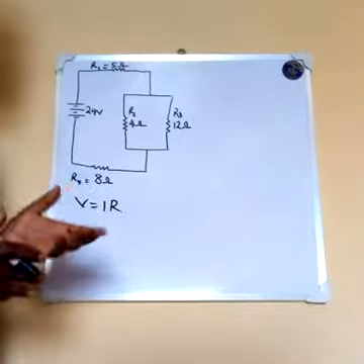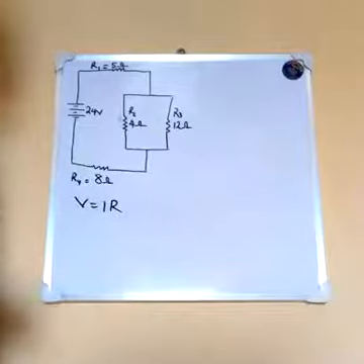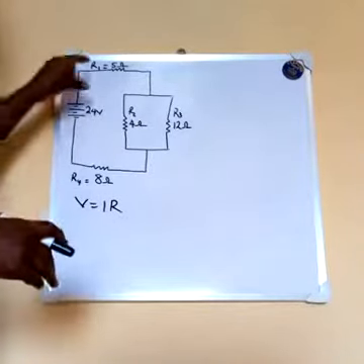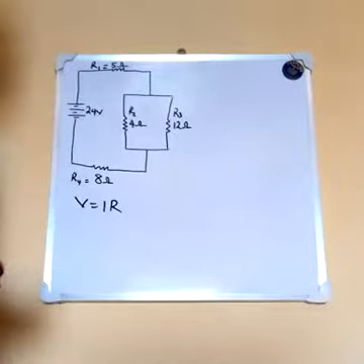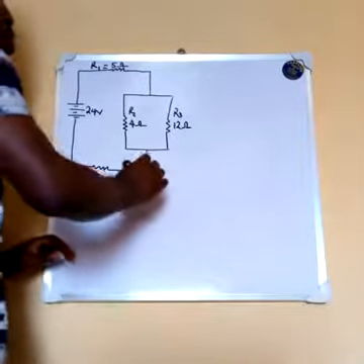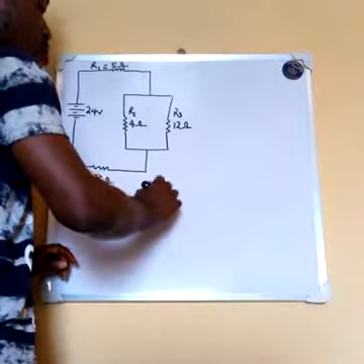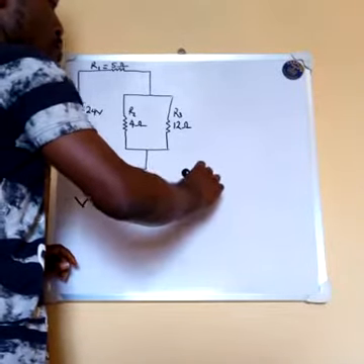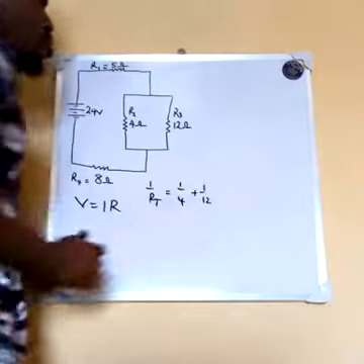So let's get the resistance now. For the resistance calculation, you start from the parallel combination. You resolve the parallel combination, then you add the result to the series connection. So for the parallel combination, 1 over R total equals 1 over 4 plus 1 over 12.